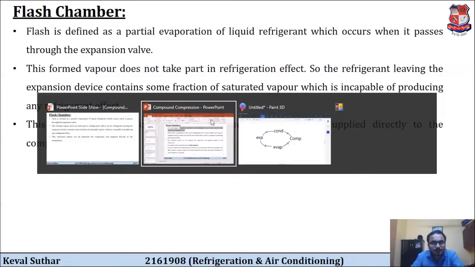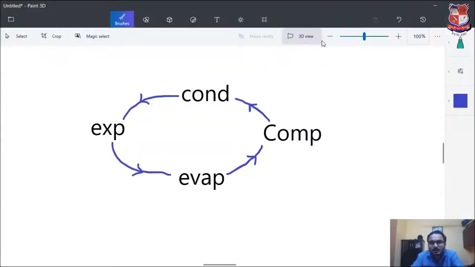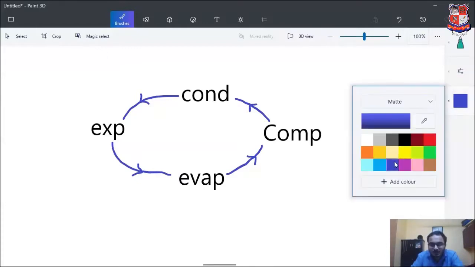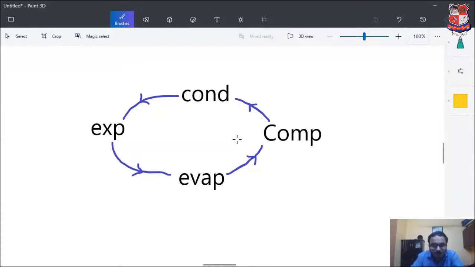Suppose, rather than following the usual route, we bypass the portion which is saturated vapor.